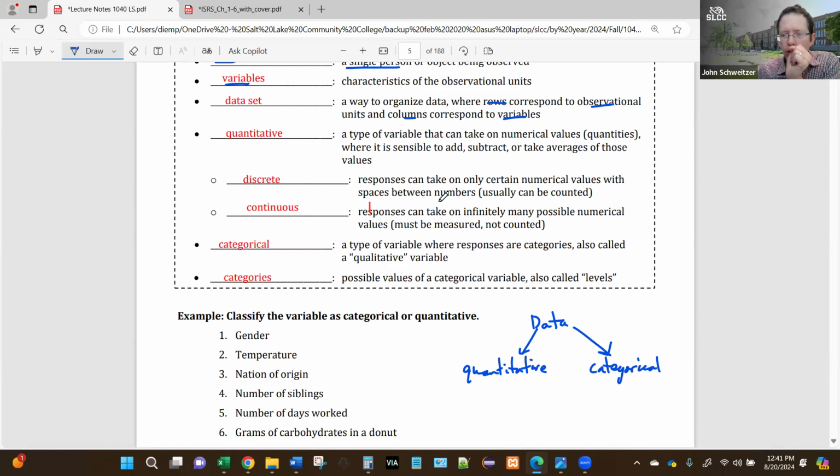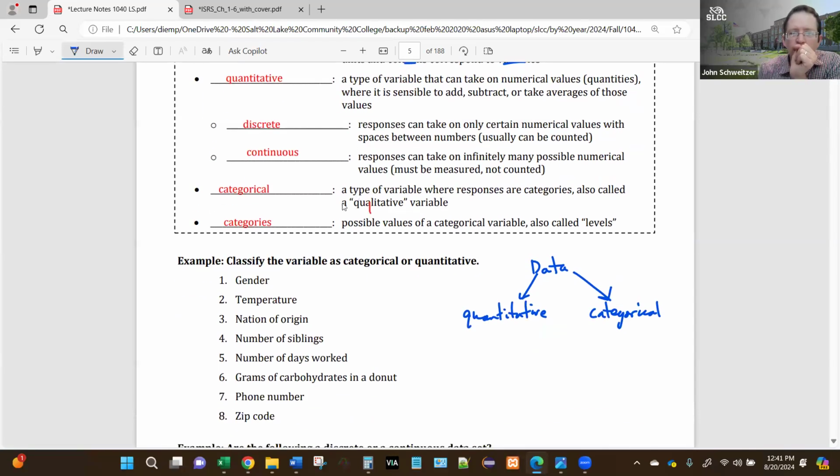So what's categorical? Categorical, we're talking about categories. And sometimes some textbooks will call this qualitative data. I'm fine if you use that word, but categorical is considered a little bit more technically correct and common to use. Okay. So we have categorical and quantitative data.